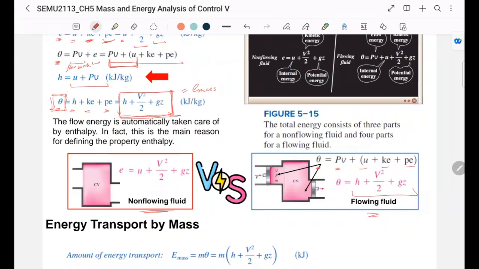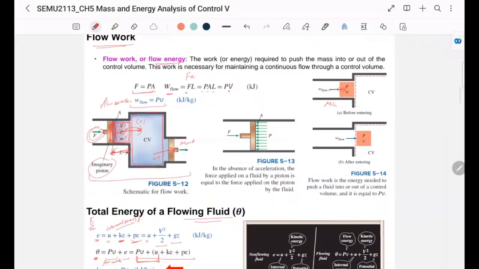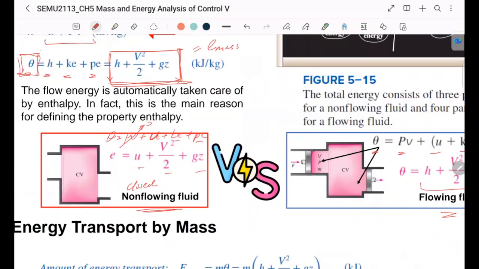Whereas for non-flowing system, which is closed system, PV is 0 because for non-moving flow, there is no flow work at all. So then it becomes U plus kinetic energy plus potential energy.